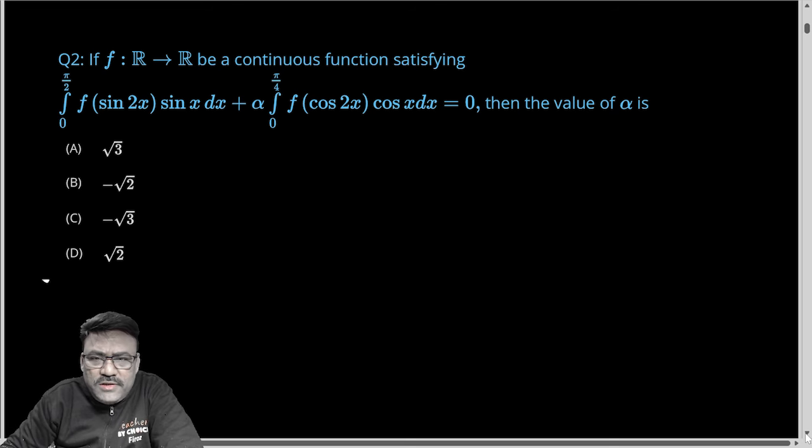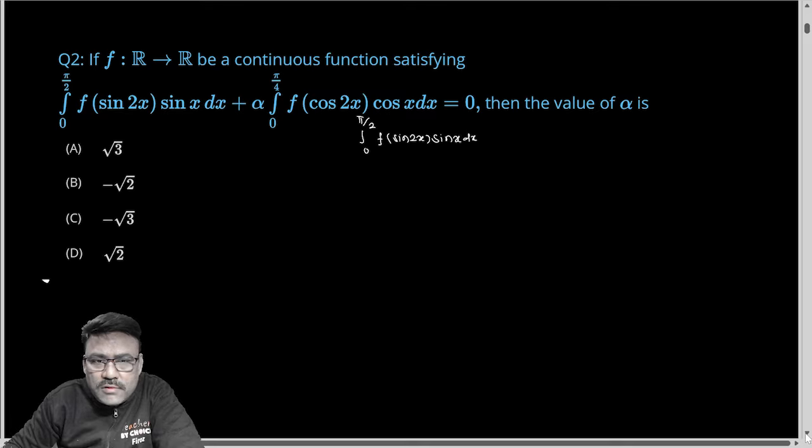Actually, I can rewrite this given equation. I can write integral 0 to pi by 2 f of sine 2x sine x dx as minus alpha times integral 0 to pi by 4 f of cos 2x multiplied with cos x dx.